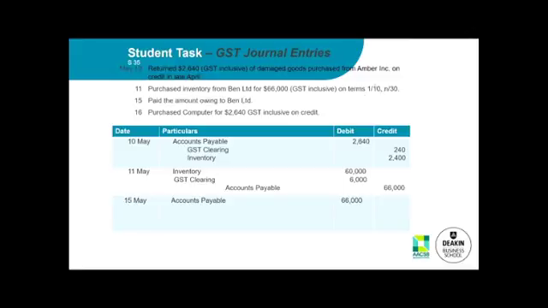So we're going to take advantage of our discount here of 1%. So the discount works out to be 600. And of course we have to adjust our GST on that. So 10% of that is 60. So the amount of cash that we have to actually fork out is 65,340.